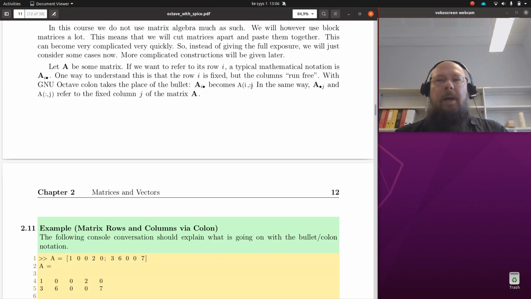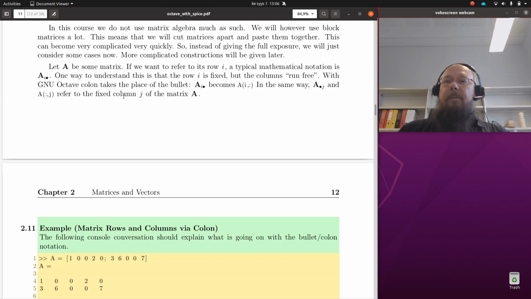Okay, so now we have two notations, and you may say that this is kind of too much. Why not just have one? Well, that's a good question, a good criticism. The reason is that I follow the typical convention that we have mathematical notation on the one hand and programming notation on the other hand, side by side. I don't know if this is good or bad.